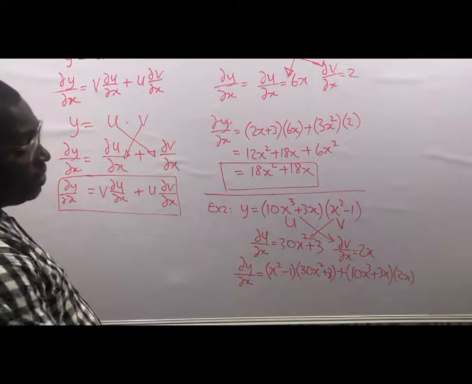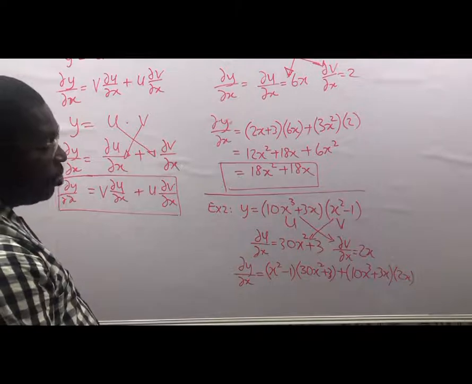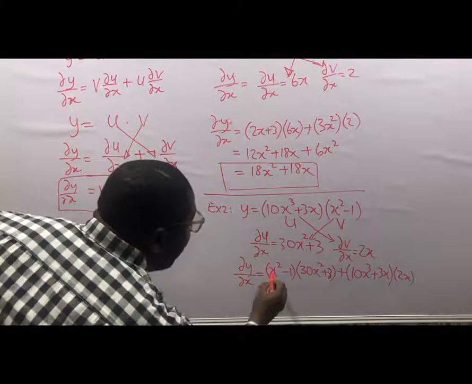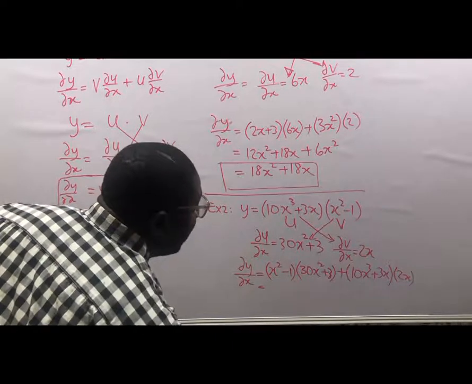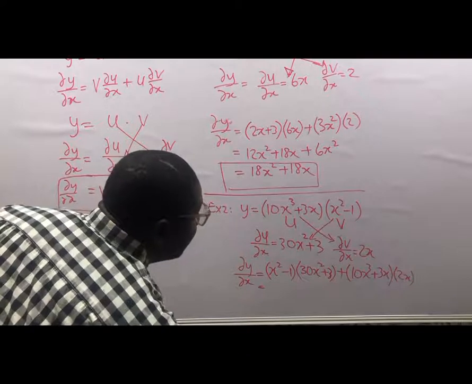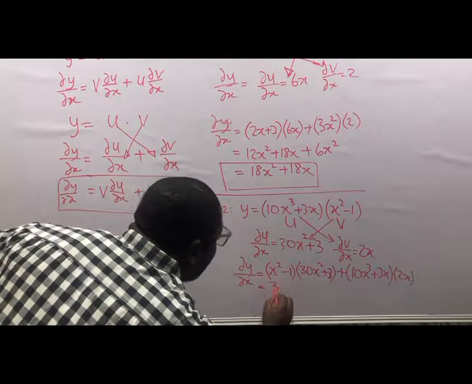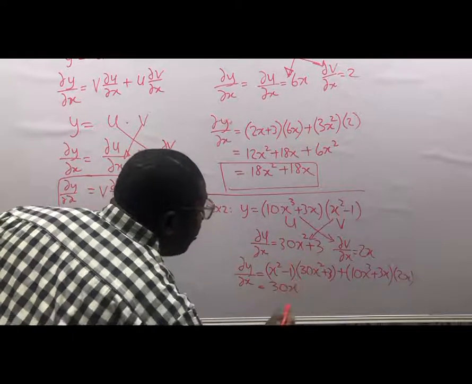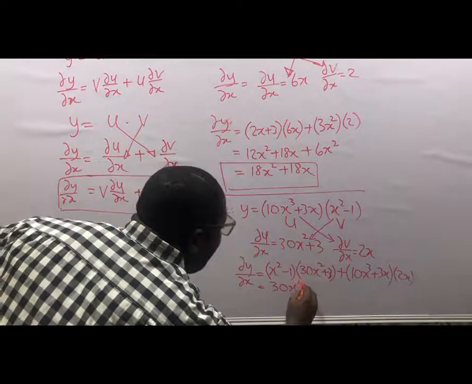Let's see how far we can go with this. So this becomes x squared times 30x squared, that will give us 30x raised to the power 4, since 2 plus 2 according to the laws of indices becomes 4.